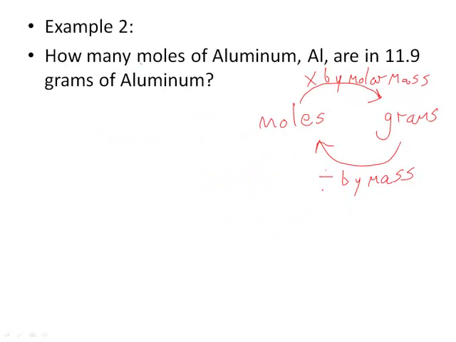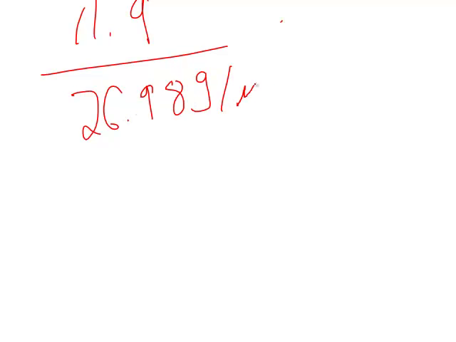This question asks, how many moles of aluminum are there in 11.9 grams of aluminum? So I want to take the grams, they give me 11.9, and divide by the molar mass of aluminum, which if you look on your periodic table should be about 26.98 grams per mole.